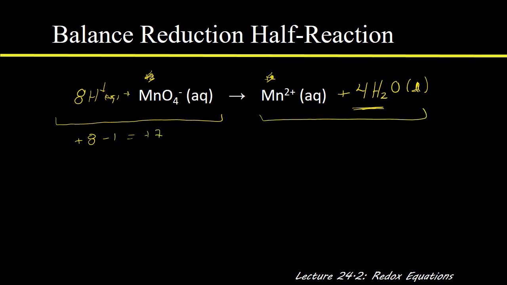And over here, we've got +2. All right. So we want to make these the same by adding electrons. And since electrons have negative charges, if we add 5 electrons over here, that'll decrease our charge by 5, so those will be equal. So I'll put 5 electrons in there. All right. And that is our balanced reduction half reaction.